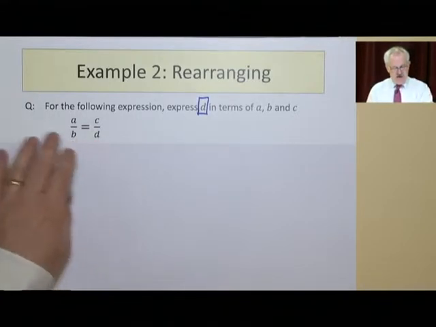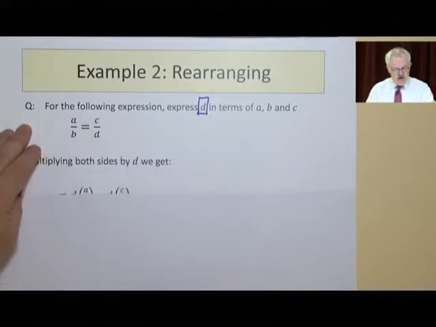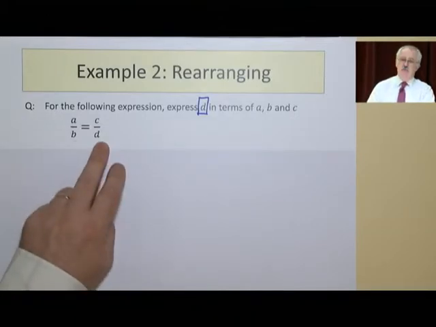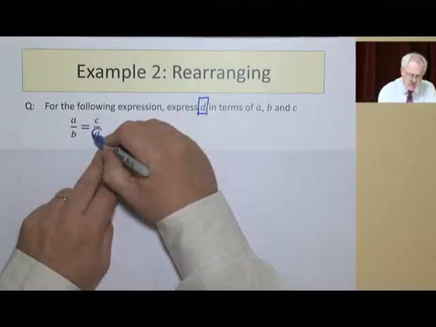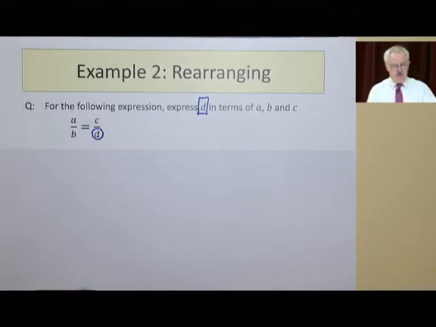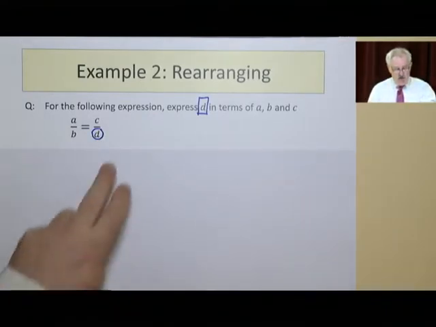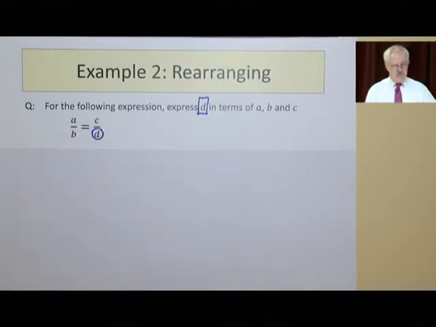So the first thing I say is, well, I better do something about that D. D is on the bottom, and there are different approaches, but they all lead to the same place. We don't have to do them in a particular order. But D is on the bottom. Don't like that. I'm going to multiply by D on both sides.